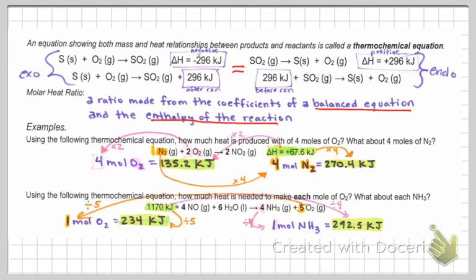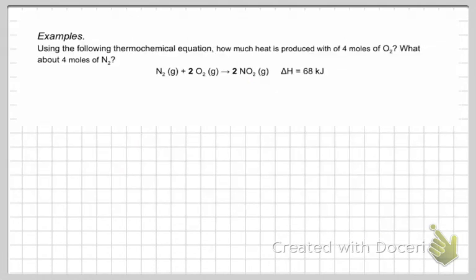Hold on. So I started with a clean slate here just to kind of help you guys see. The previous slide just kind of had an overview of everything I was saying, but now I'm going to go in and kind of help you guys see it from the way that we've always done it, which is the guess method. Okay, so you still have your balanced chemical equation. You know how much energy went into that reaction. So now we're going to determine how much heat was made with 4 moles of oxygen.